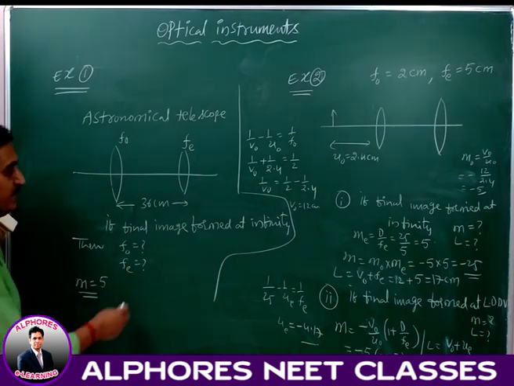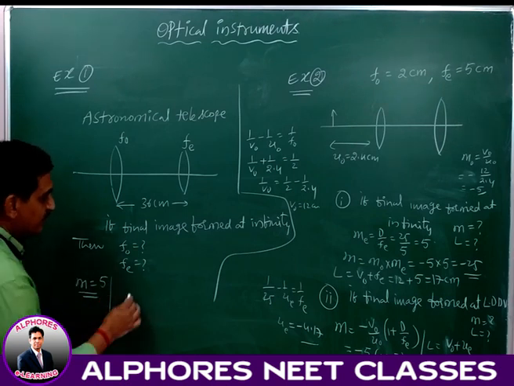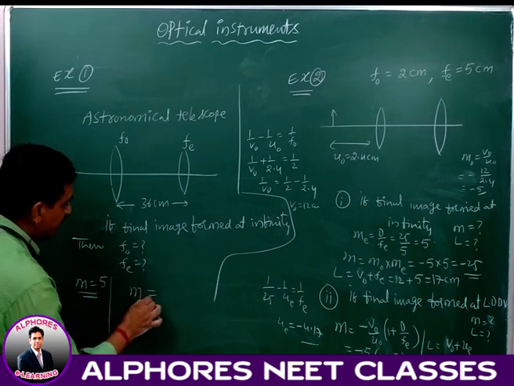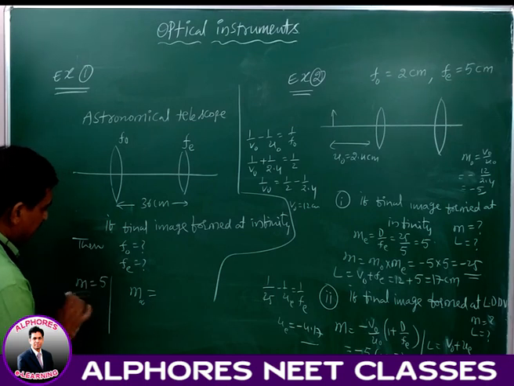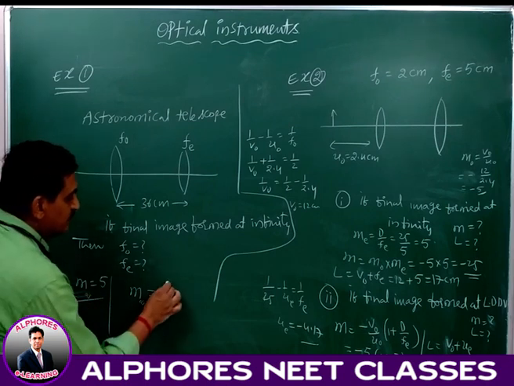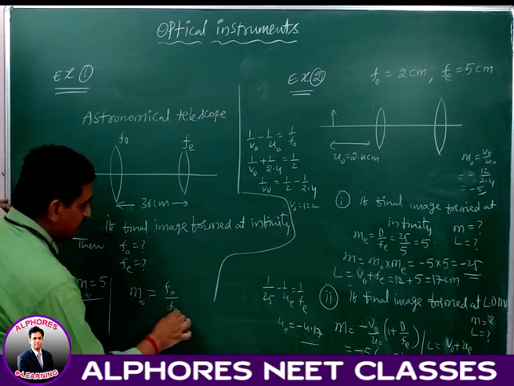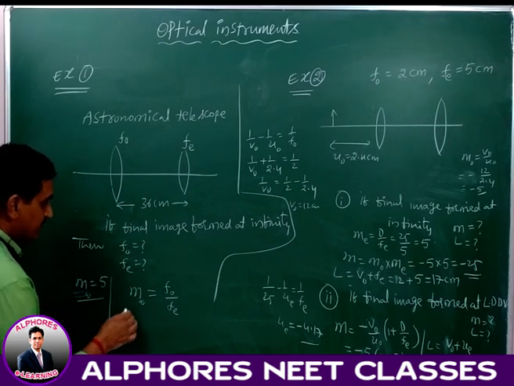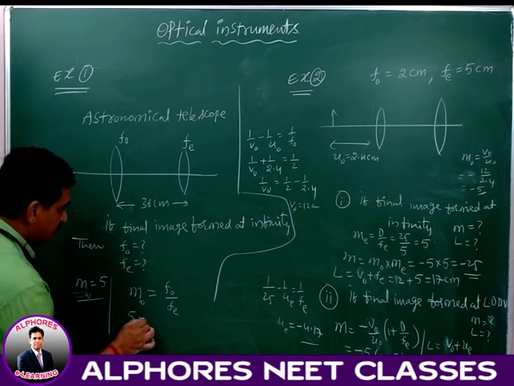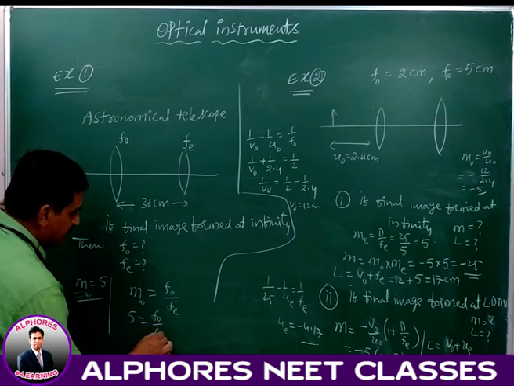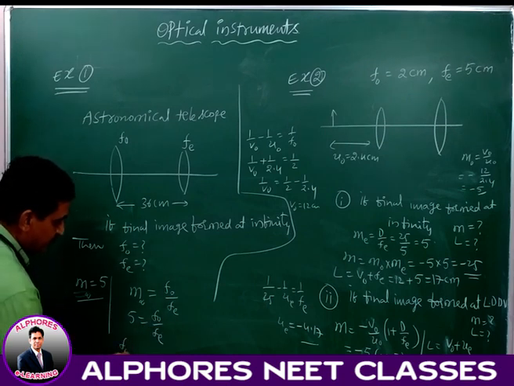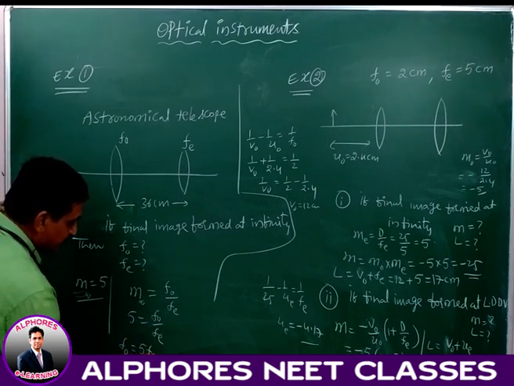Right? When the image is formed at infinity, we know the formula for magnifying power. The magnifying power is already given. So f0 by fe is the magnifying power. Therefore here, 5 is equal to f0 by fe. Therefore f0 is equal to 5 fe.